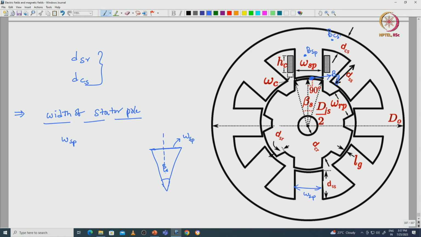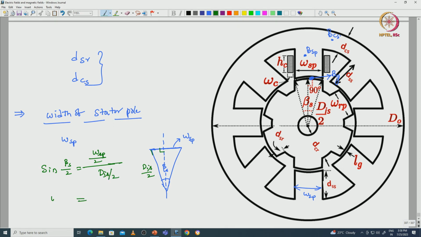If we assume a half section with a right angle triangle here, sine of beta s by 2 is equal to the width of the stator pole divided by 2, divided by this diagonal, which is DIS by 2, that is the inner diameter of the stator divided by 2, or the radius.